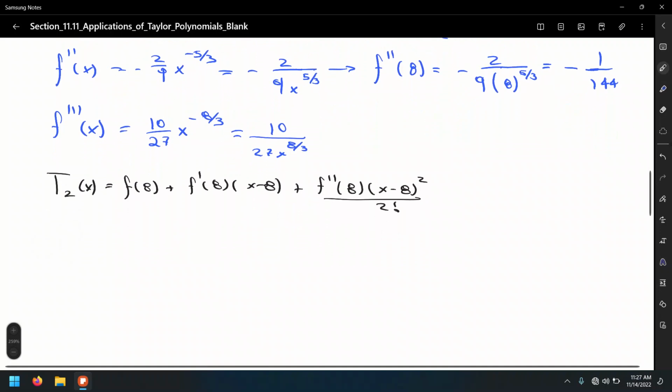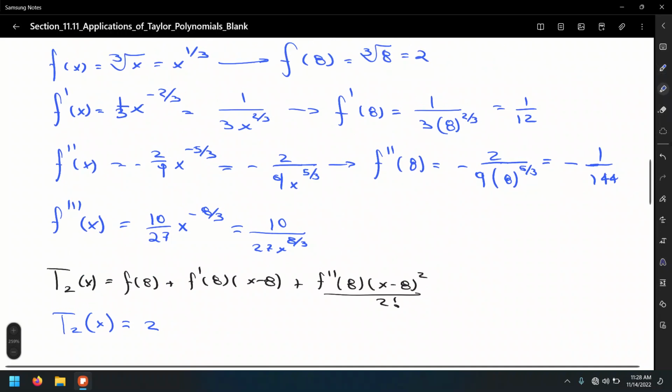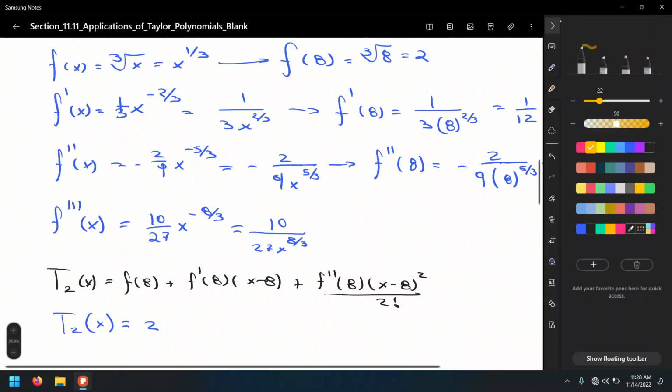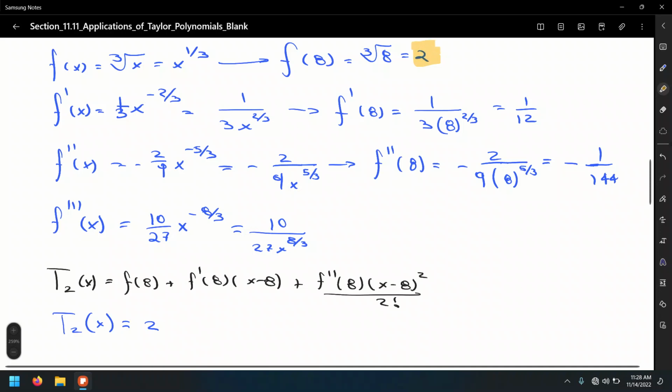All right. So T sub 2 will be 2, which is, well, let me highlight these coefficients just so you can see where they come from.